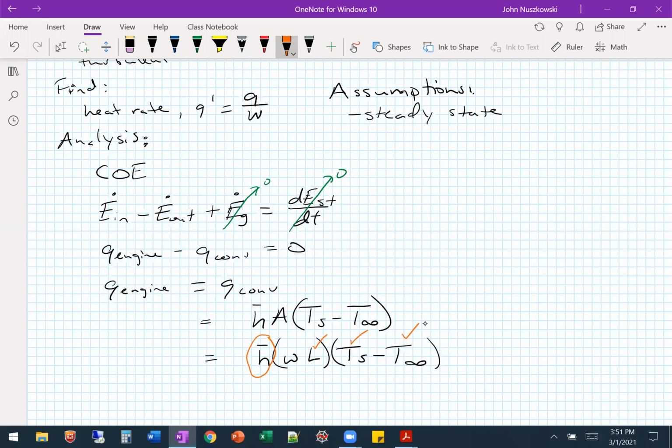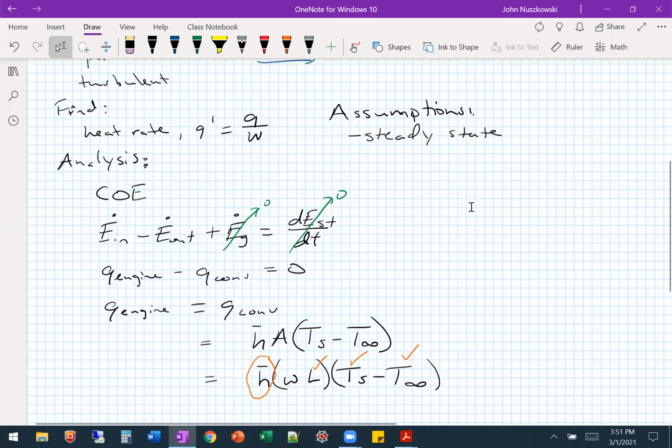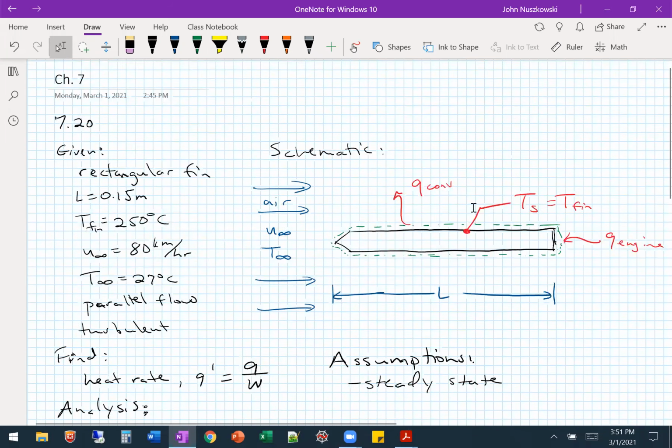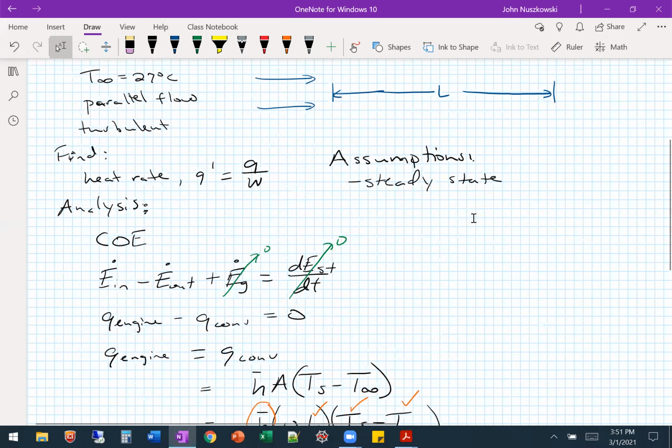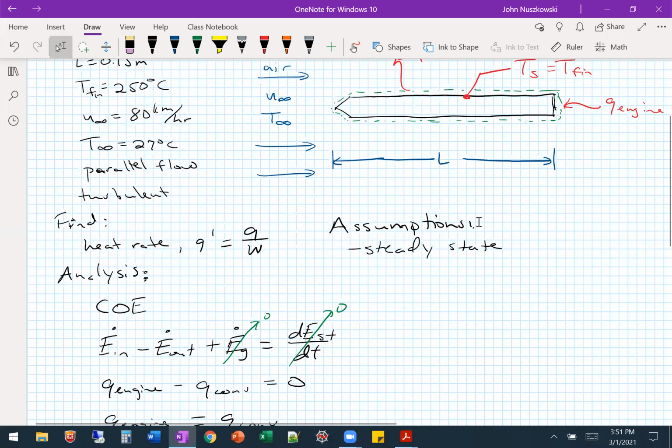So we have to get our convection coefficient, and what do we do with the width? Or does this equation look right? Start there. Does that surface area look right? So I have a unit width times length, right?